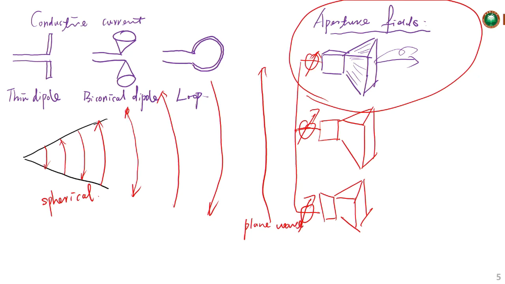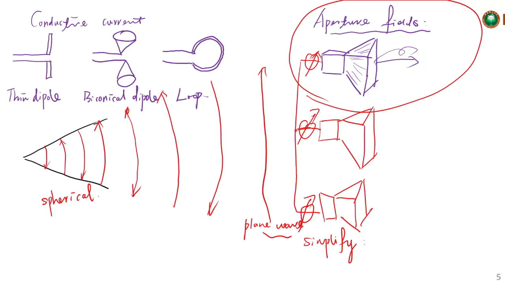Plane waves help us to simplify our calculations for the electromagnetic waves or the Maxwell's equations, right? If we take it to be plane waves, it becomes much simpler for our calculations.